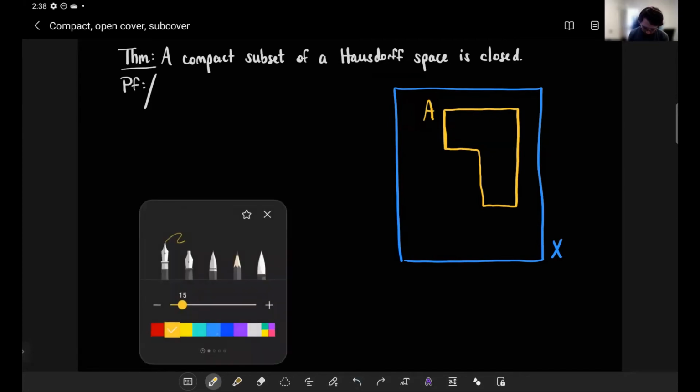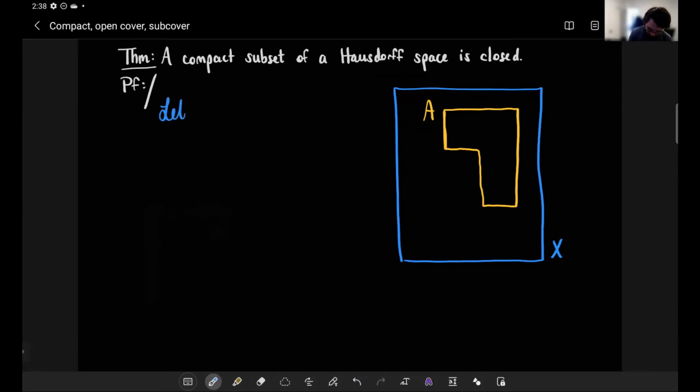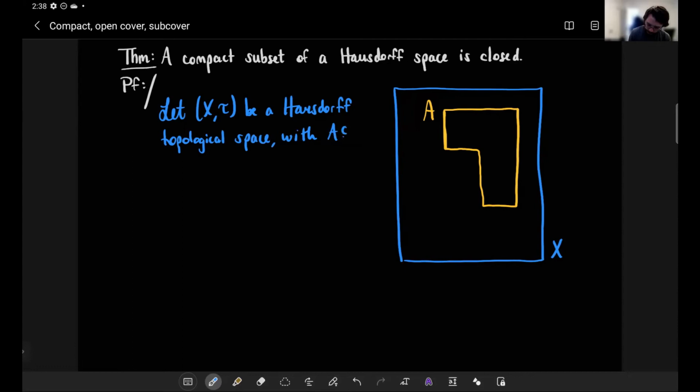So let's start writing this down. Always name your topological space. Hausdorff. And we're going to say A is a compact subset. Then I want to show it's closed.